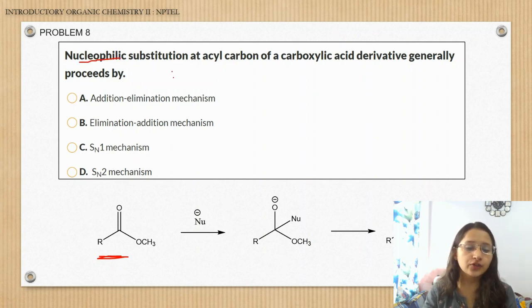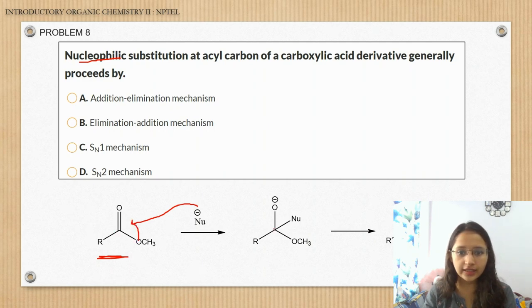So first of all, what happens here is the nucleophile adds to this carbon, and after that, an elimination takes place. Here the nucleophilic substitution is taking place. We have seen that substitution only takes place if the nucleophile is displacing or substituting a species in the starting material.